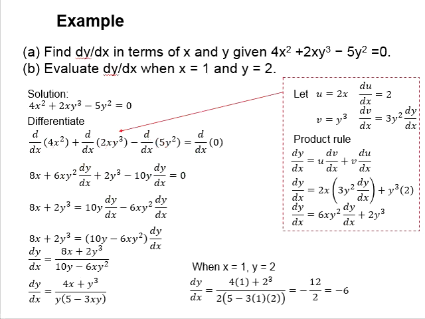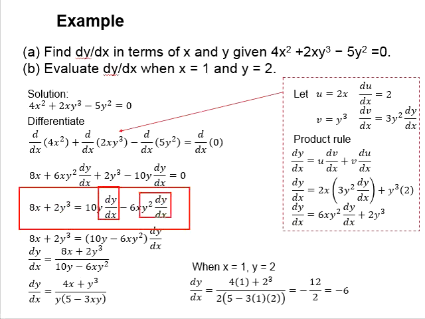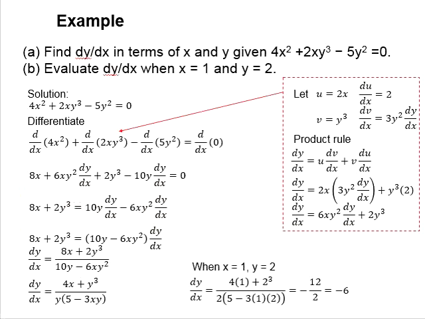Here, rearrange the equations to have dy/dx on one side and the rest on the other side. Group the dy/dx, move it to the opposite side, and you may simplify the equations.